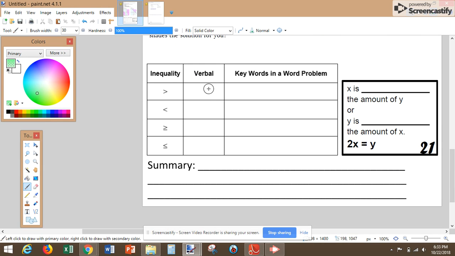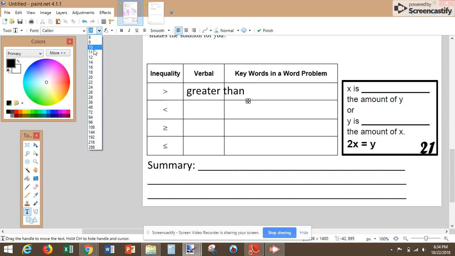Okay, some verbal descriptions of each of these inequality signs. So this first inequality sign is greater than. That is read as greater than.